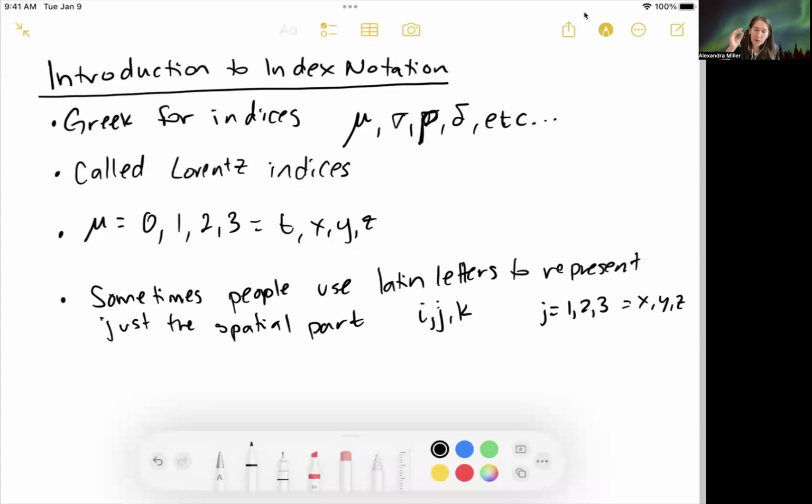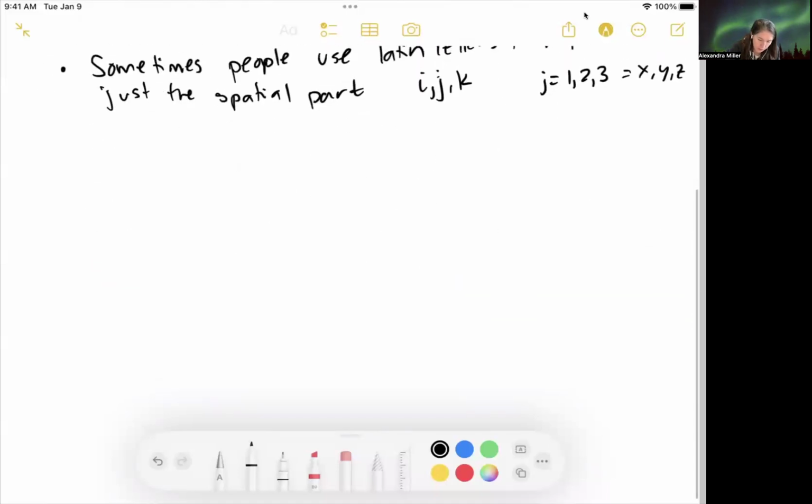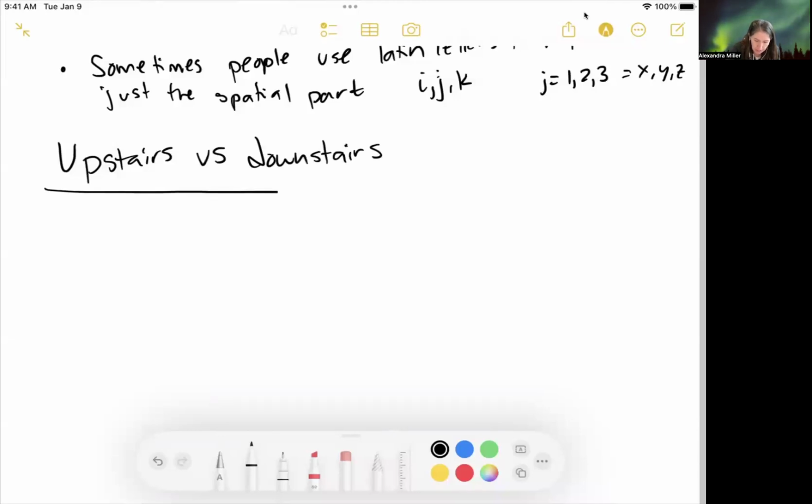I mentioned these things are going to work differently than the indices that you've seen before. And one of the major differences is that we're going to have something where we have upstairs versus downstairs. And these are going to be different.